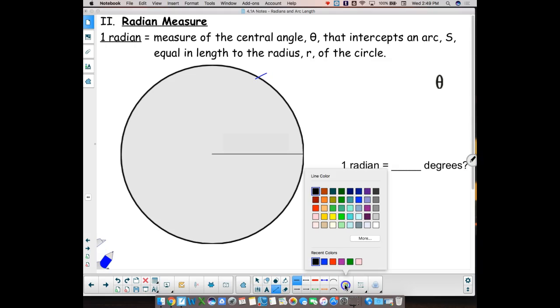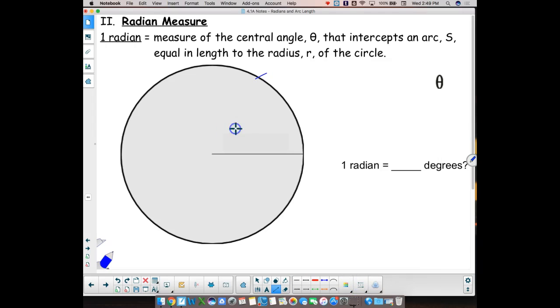So if I were to extend a line right here, this angle in here, which we will call theta. Okay, theta is a name for an angle that we use a lot in trig.